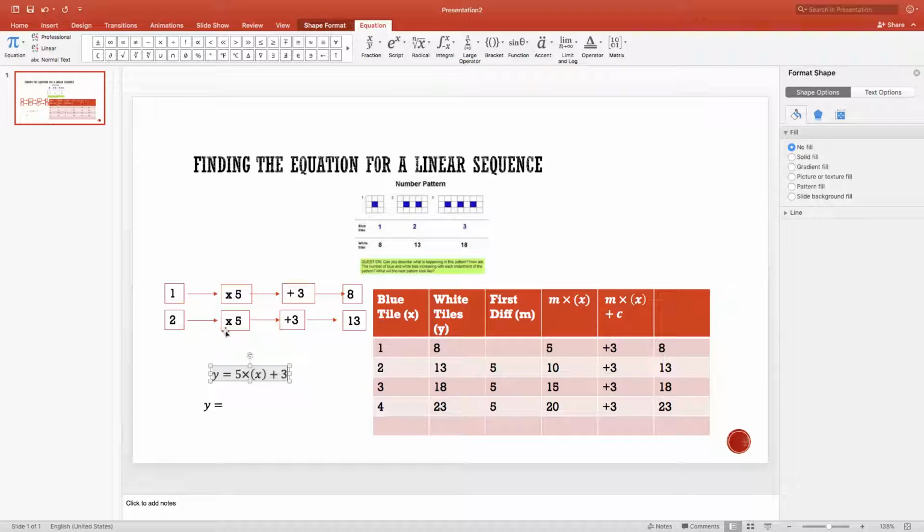So that's what this is telling us. 2 times 5 plus 3 would equal 13. 3 times 5 is 15 plus 3 is 18.